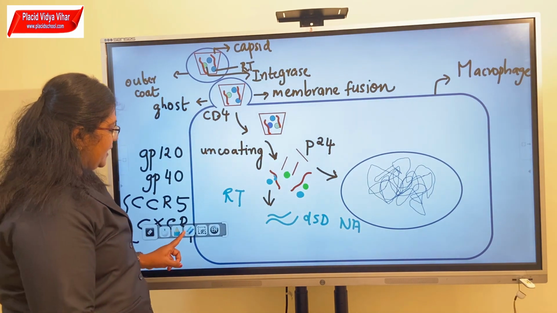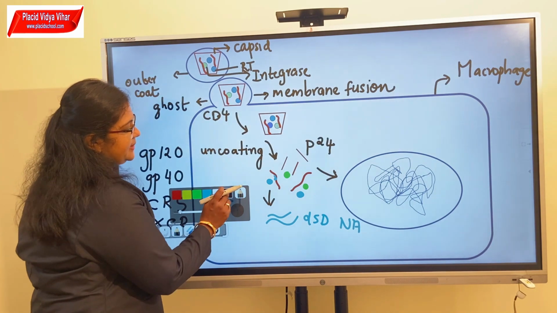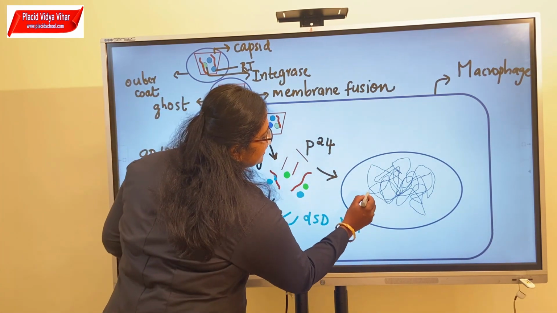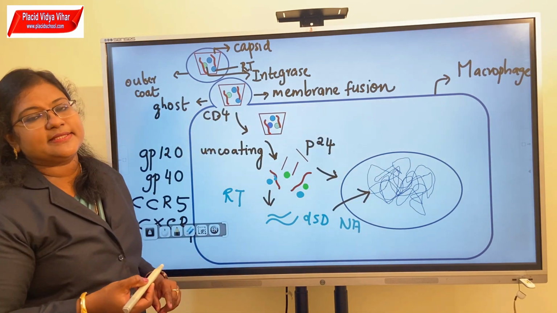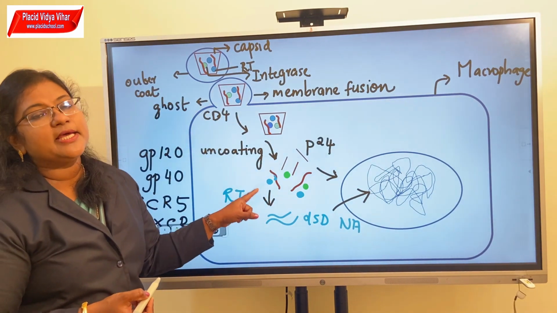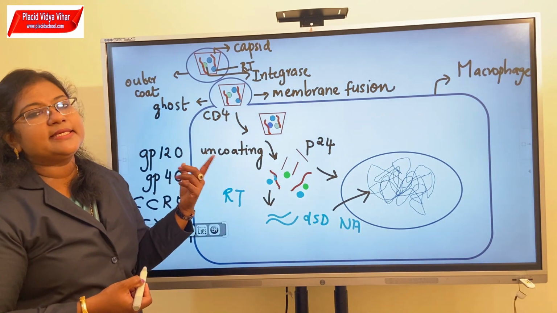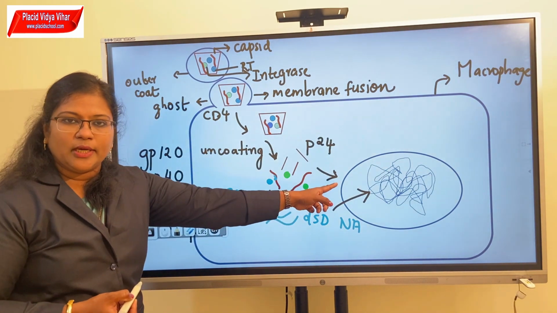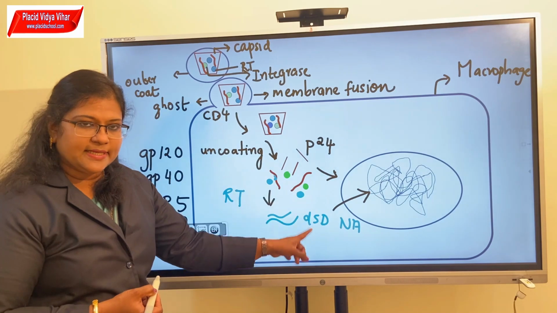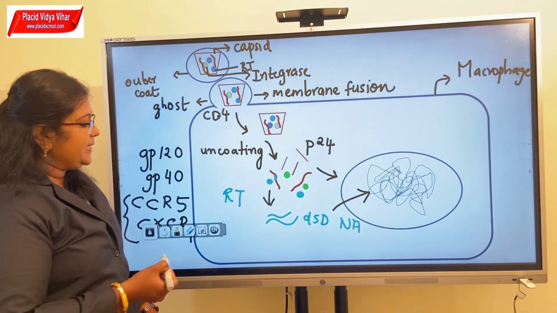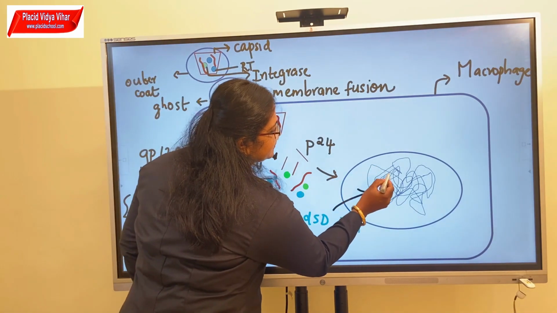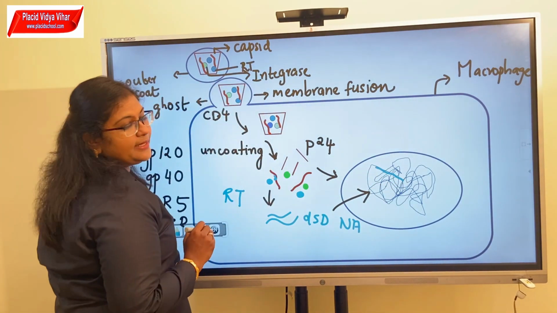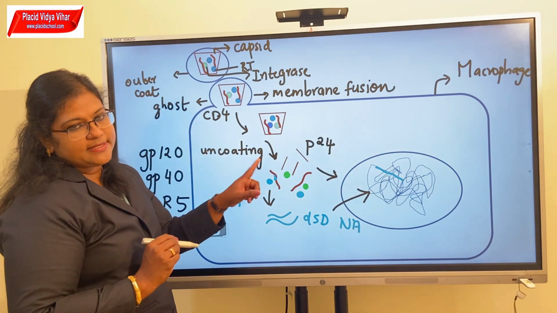In the next step, this double-stranded DNA will be integrated into the genome of the host cell, that is into the macrophage, by using the integrase enzyme which it was carrying all along. So by using the integrase enzyme, the double-stranded DNA is integrated into the host cell genome. Let us say here, the double-stranded DNA is integrated into the host cell genome.